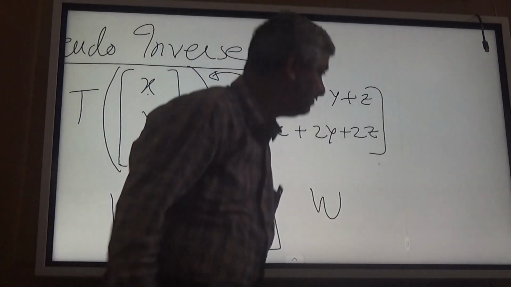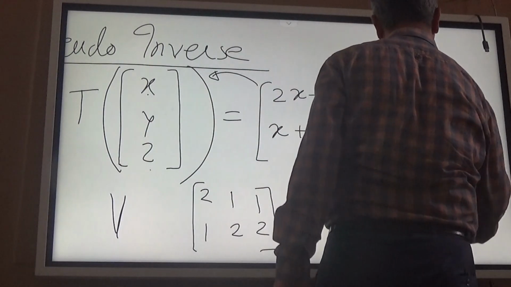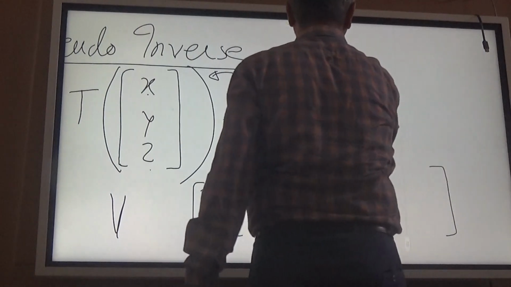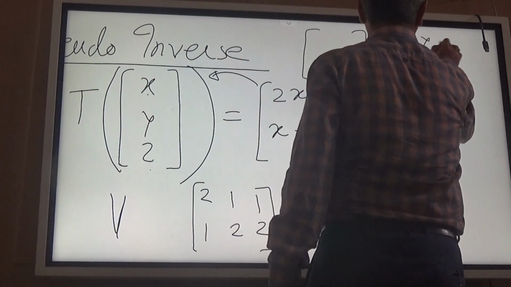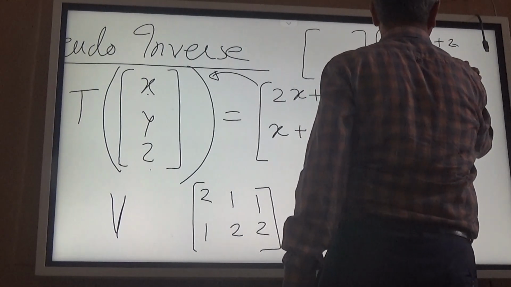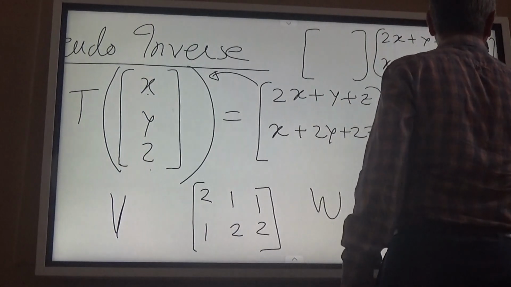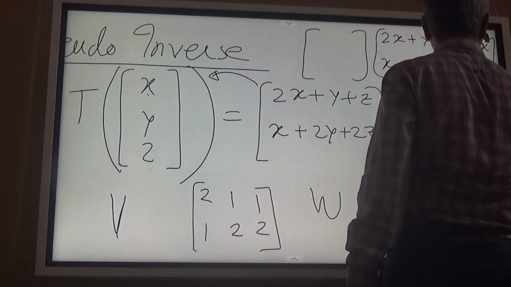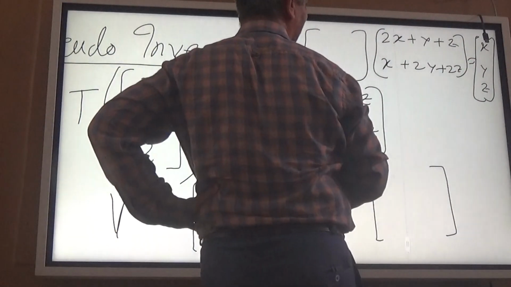Means what? You must multiply by something into 2x plus y plus z and x plus 2y plus 2z, and you should get x, y and z. So what should that matrix be?